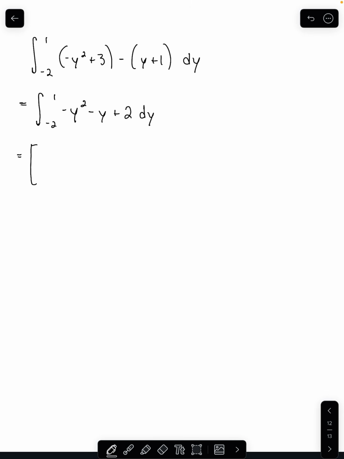The antiderivative of which would be negative y cubed over 3 minus y squared over 2 plus 2y from negative 2 to 1.